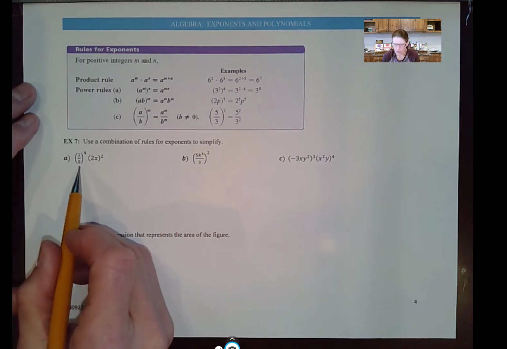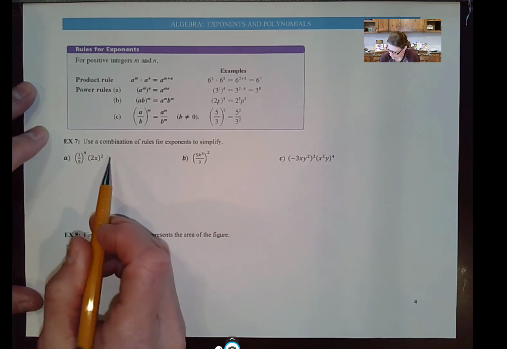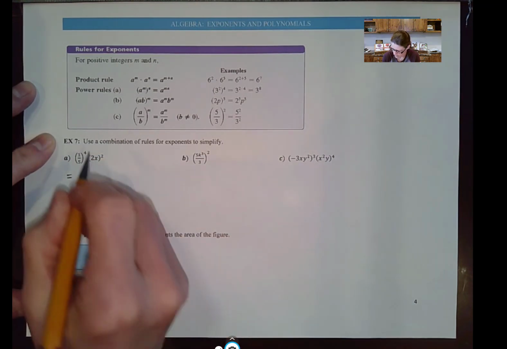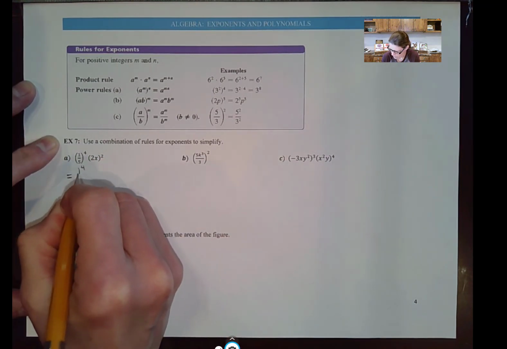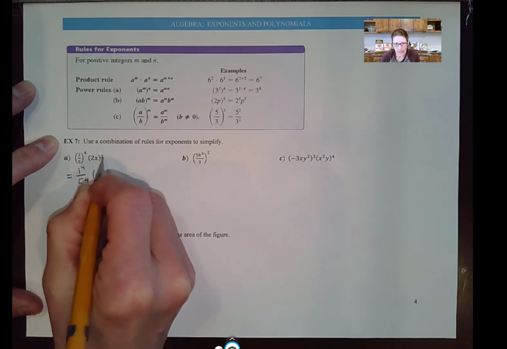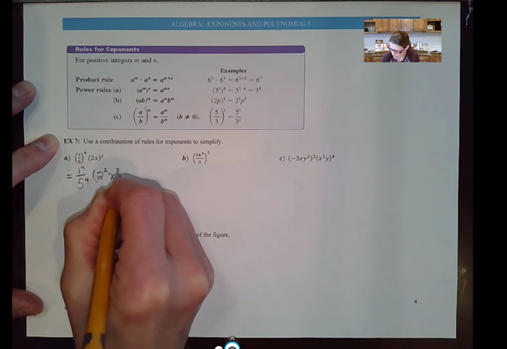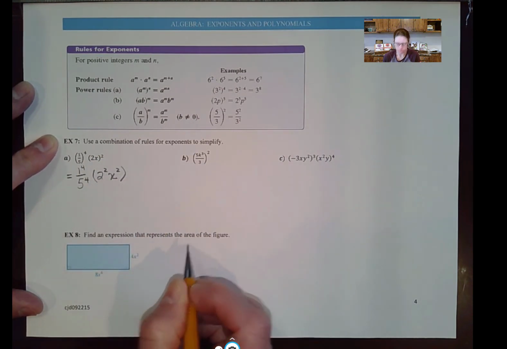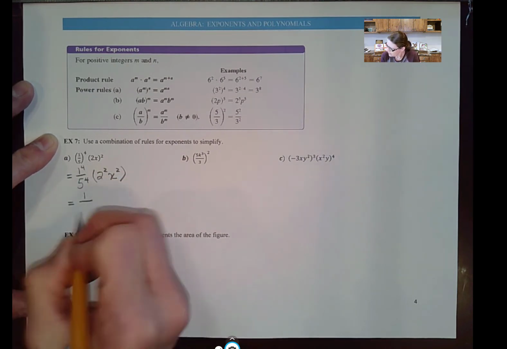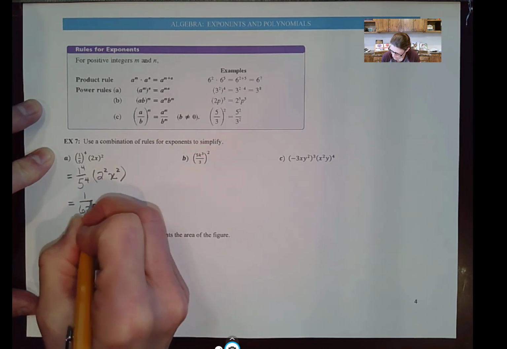In part A, we've got 1/5 to the 4th power times 2x quantity squared. Well, 1/5 to the 4th is 1 to the 4th over 5 to the 4th. And 2x quantity squared, applying that exponent to each factor, is 2 squared times x squared. Well, 1 to the 4th is 1, and 5 to the 4th is 625.